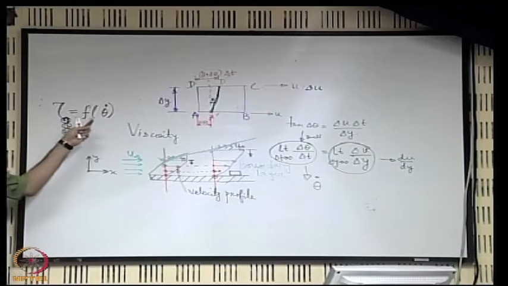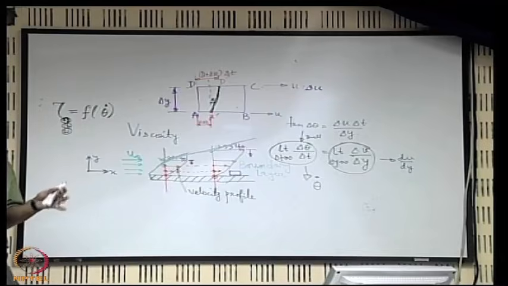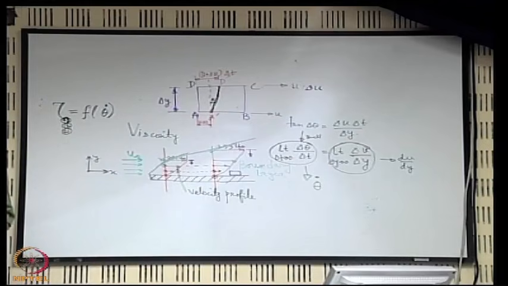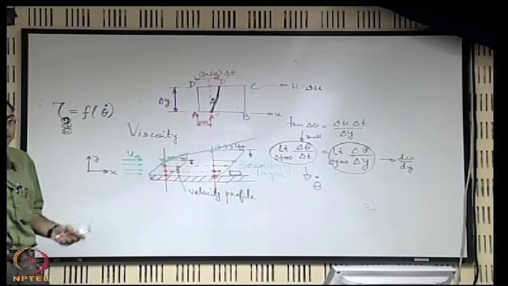Now this functional relationship may be linear, non-linear, whatever. Try to draw an analogy with the mechanics of solids that you have learnt. In most of the solids which have elastic properties, you have stress related to strain, and that behavior may be linear, non-linear, whatever.